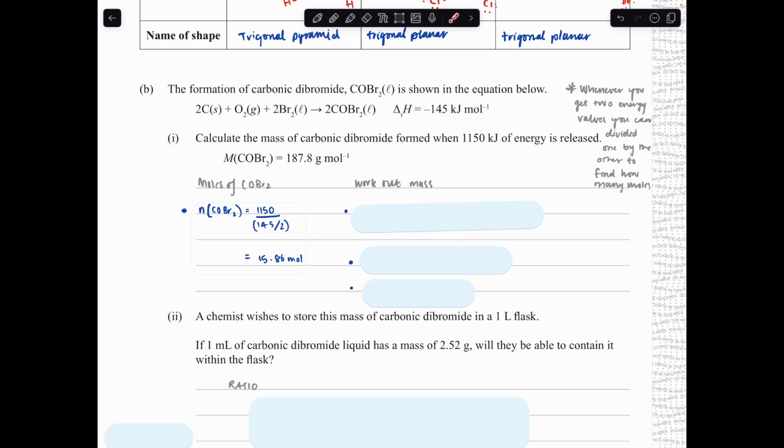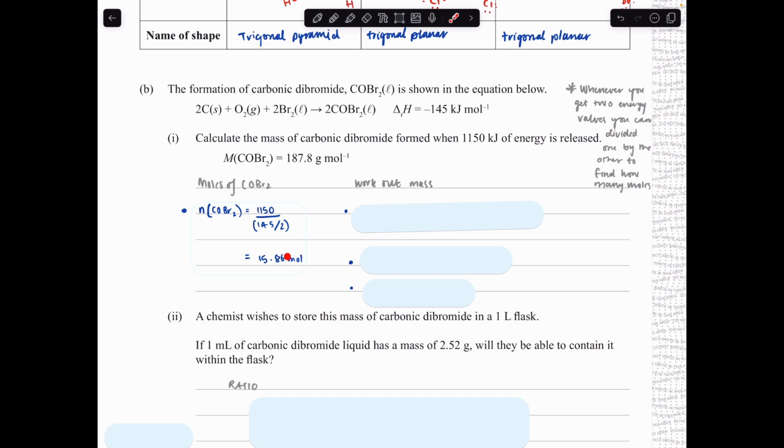That gives me 15.86 moles. But bear in mind that this energy value, 145, is for 2 moles of the carbonic dibromide. So I actually had to divide it by 2 to find out the energy given off by one of these, not 2, and that has given me 15.86 moles. So just be careful with that.